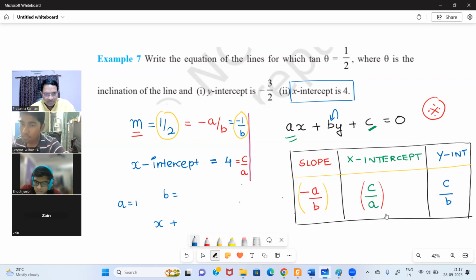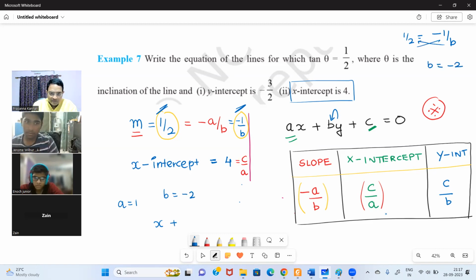Don't leave the minus. 1 by 2 is equal to minus 1 by b, correct? Cross multiply. So b is equal to minus 2. Clear or not? Then a is 1, therefore c by 1. So what is c equal to?